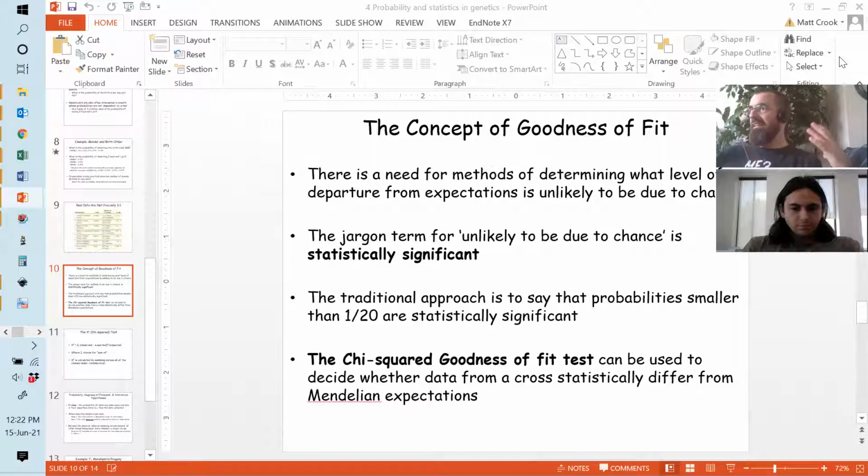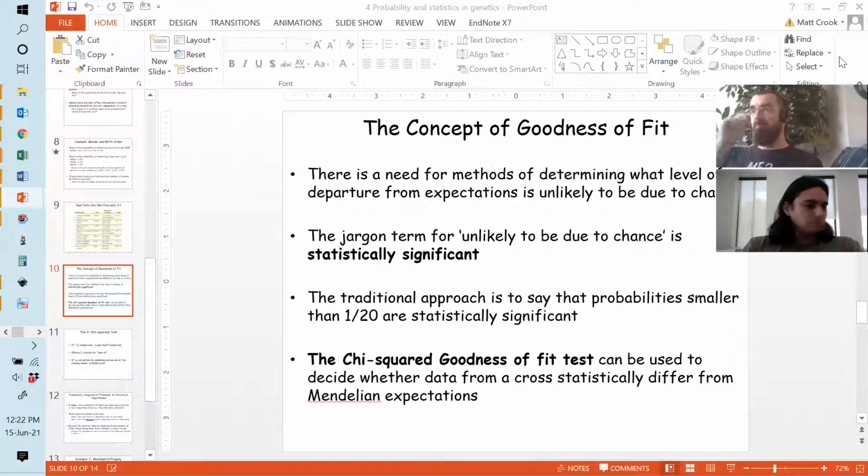So if your predictions are correct, even if your observations differ a little bit, then that difference is likely to be due to chance, i.e. it's not statistically significant. If there's a large difference, then after a certain point your statistical test will say, hang on, there's something going on here, because what you expected doesn't match what you observe.